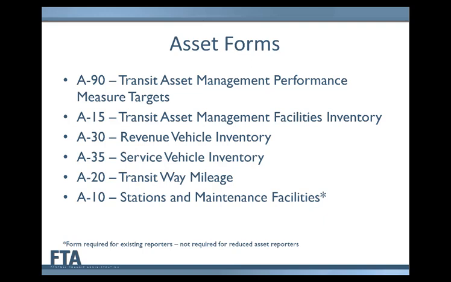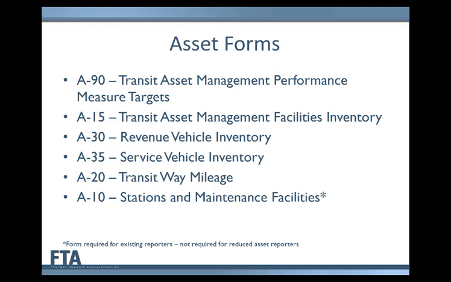Before we review the new asset inventory functionality, we will briefly discuss the purpose of each form in NTD's asset module. The A90 form, Transit Asset Management Performance Measure Targets, is required for all Tier 1 providers as well as group plan sponsors. Agencies that are participating in a group TAM plan and have set their sponsor will not be required to complete the A90 form.